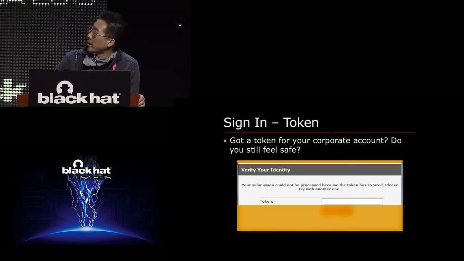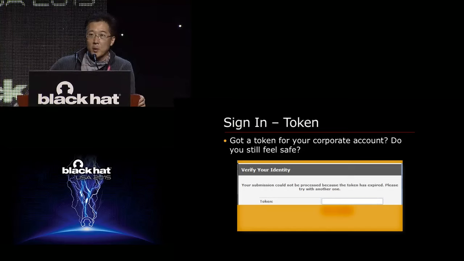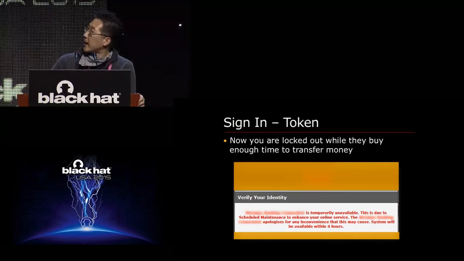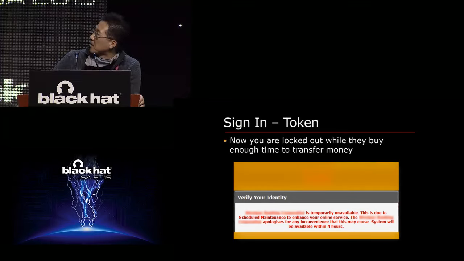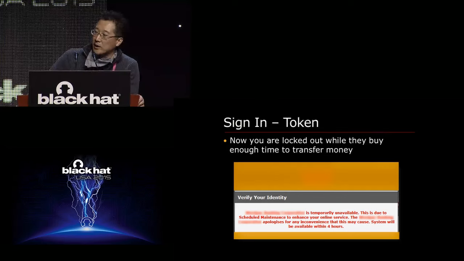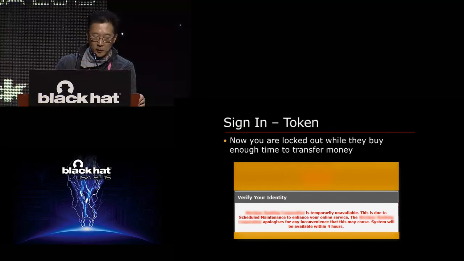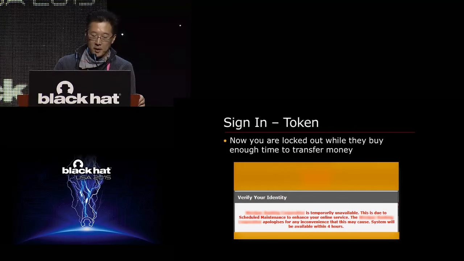And also, when you have a one-time password token embedded in your online banking, that sort of information can be stolen as well. And sometimes it says your online banking website is temporarily unavailable. That simply gives them a bit of time for performing the fraud.